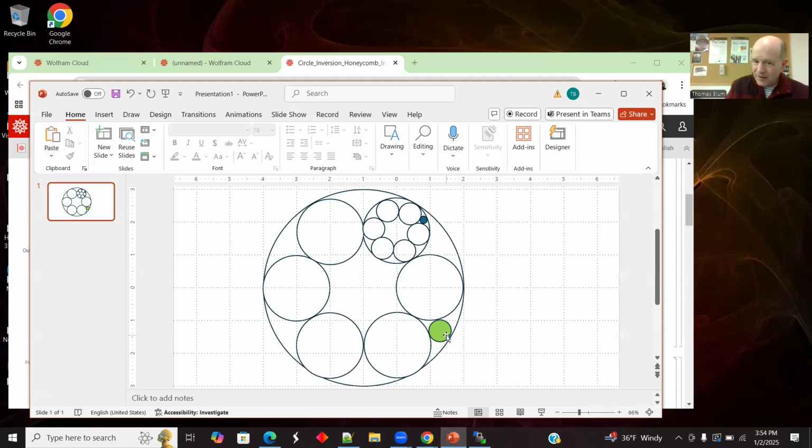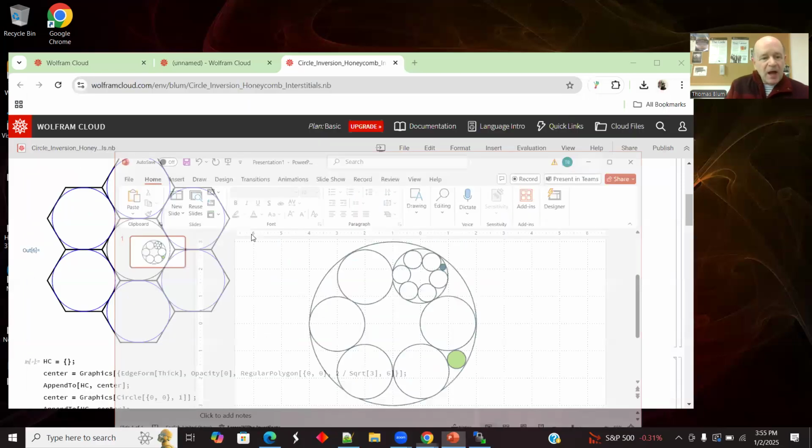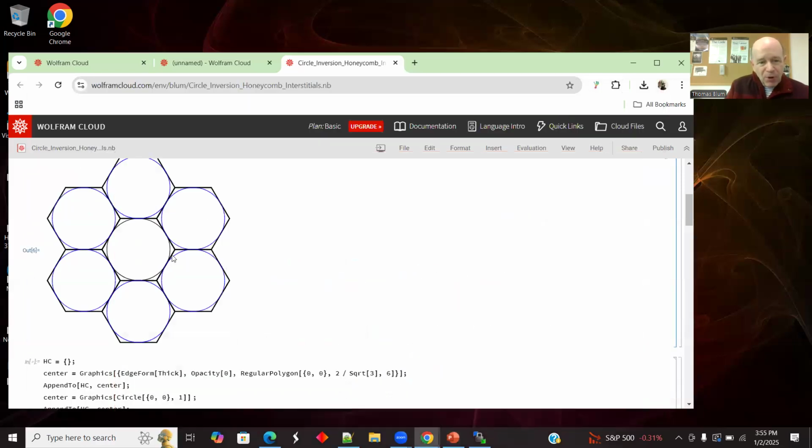I want to find its inverse, so I'm going to invert that honeycomb lattice. This circle is touching 3 circles, and so I'm going to put circles here.